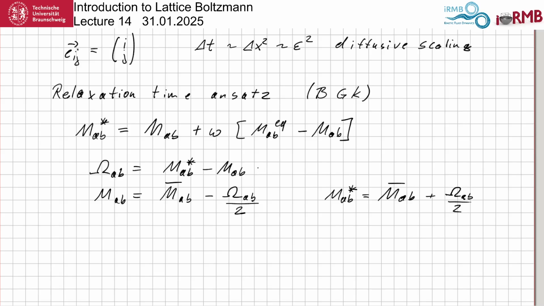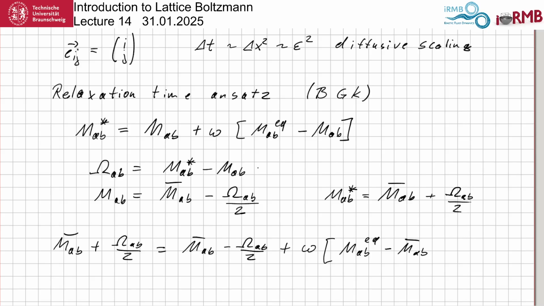And then we come to M_AB over bar plus omega_AB half is equal to M_AB over bar minus omega_AB half plus omega times M_AB equilibrium minus M_AB over bar, and now we have to add this plus omega_AB half.